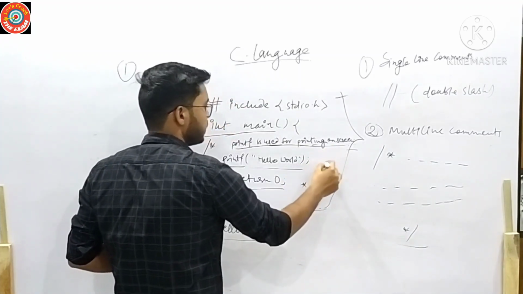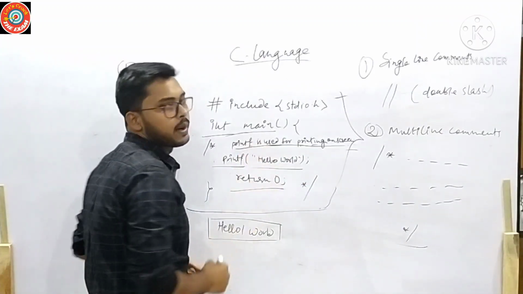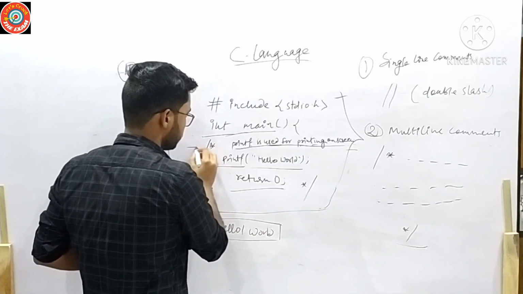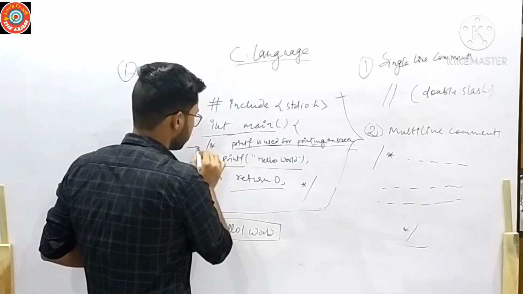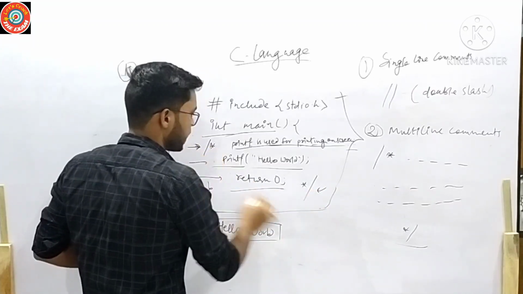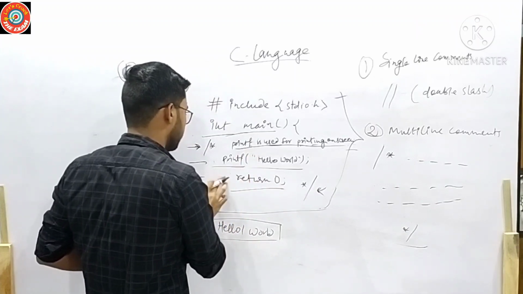Nothing in this program will be executed, because all these three lines are commented out, since we have used a multi-line comment. The comment opens here and closes here, so all these three lines will be commented out.